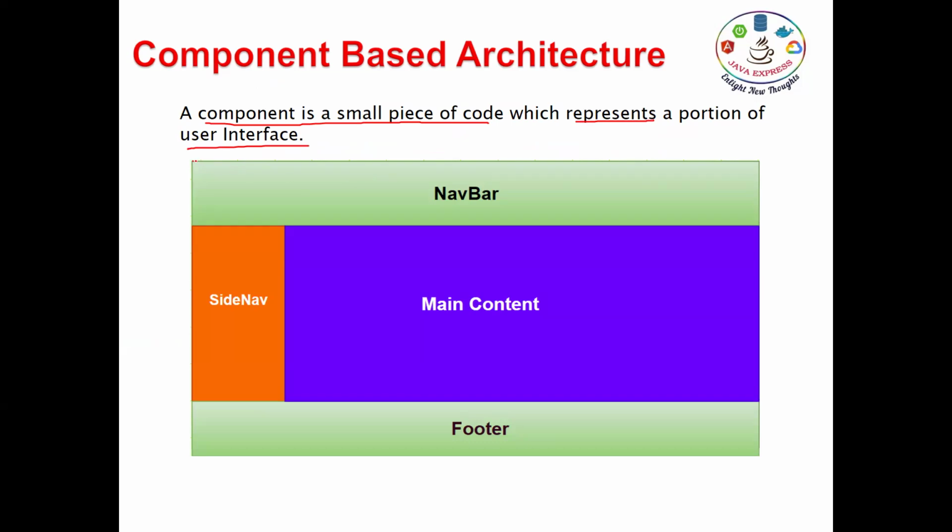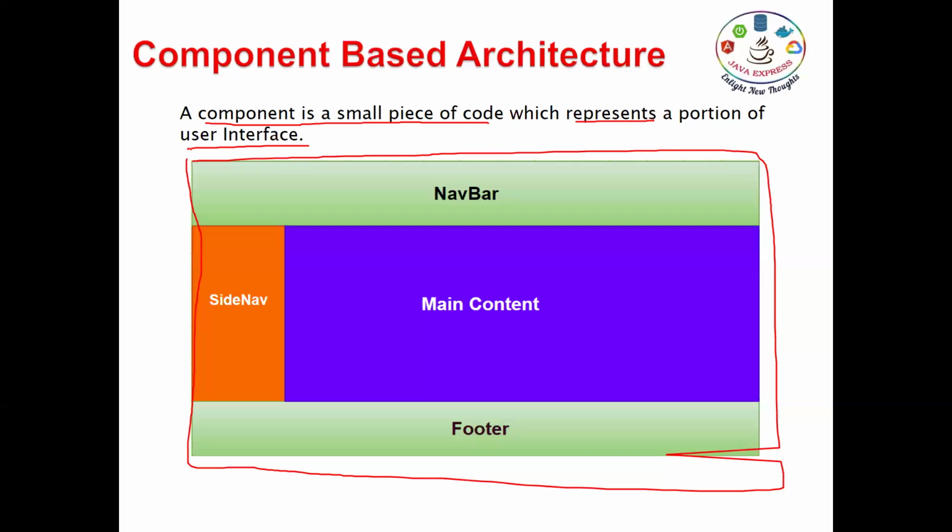Now, this whole rectangle you are able to see, this website, is called one component, the App component. The App component is nothing but the master. Inside this master, we have a navbar component, main component, footer component, side navbar. In this way, a number of components will be divided for your application.